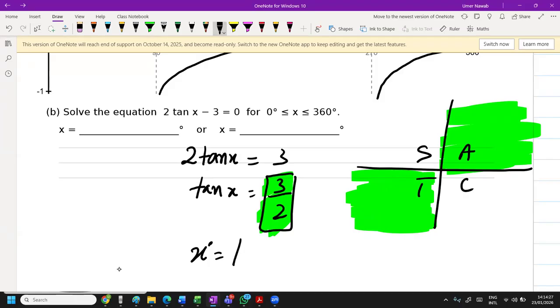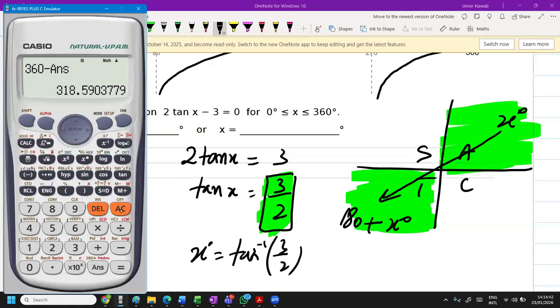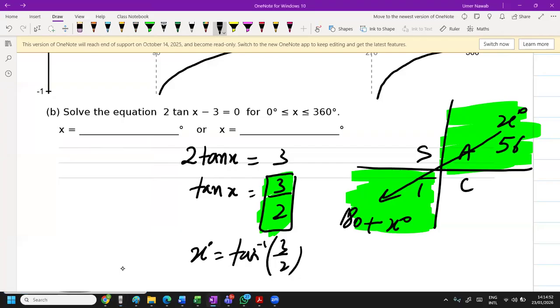Shift, get a reference angle, inverse tan of 3 over 2, that is my x. If you want to shift your x to the third quadrant, the formula is 180 plus x. So inverse tan of 1.5 gives me 56.31, the acute reference angle.